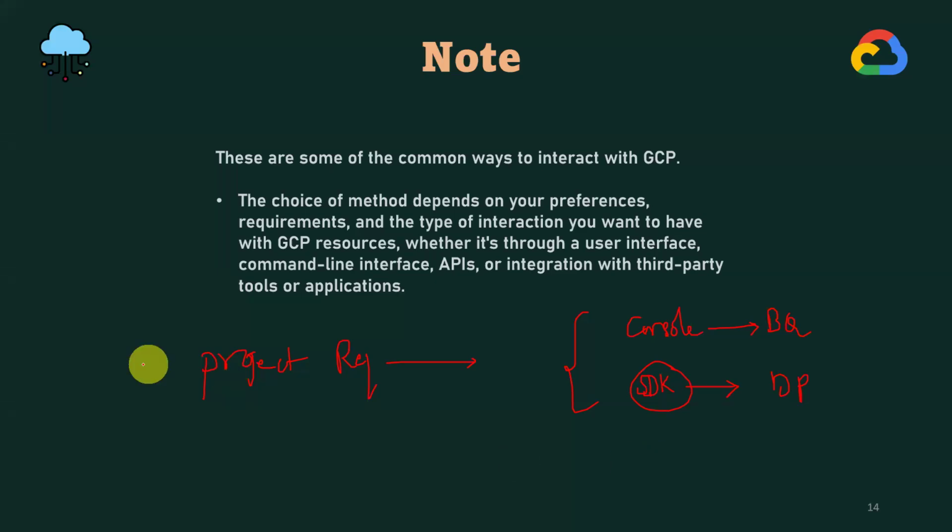If you have the flexibility to use any service, then it is according to your own way of interacting: some people want to use the console graphical user interface, some people are very interested in the command line interface. So it's your type of interaction with the GCP resources. But when the project requirement says this one only, you have to use that one only.